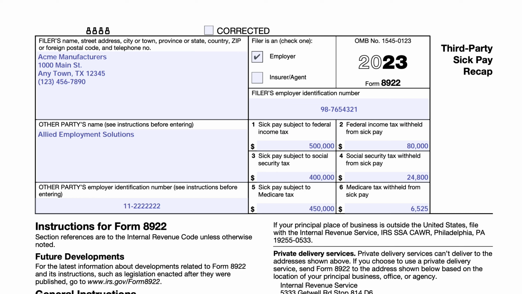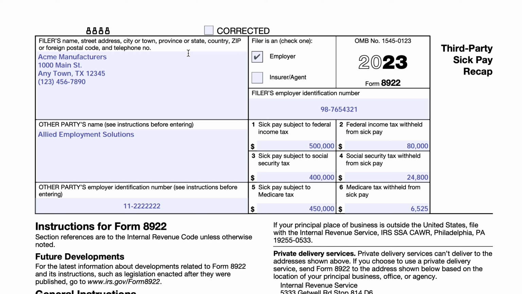So in the top left corner, we're going to put in the filer. So the filer can be either the employer or the insurer or agent, right? The third party. So if you check employer, then you would put the employer's information here, and then you would put the third party's information here.